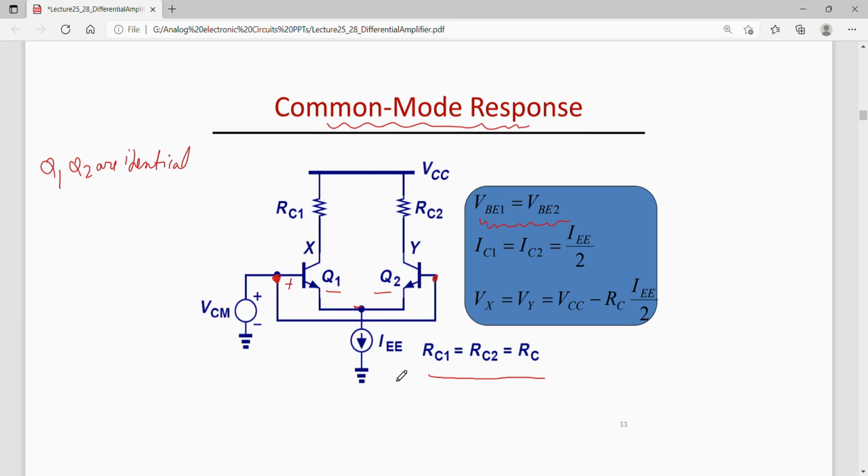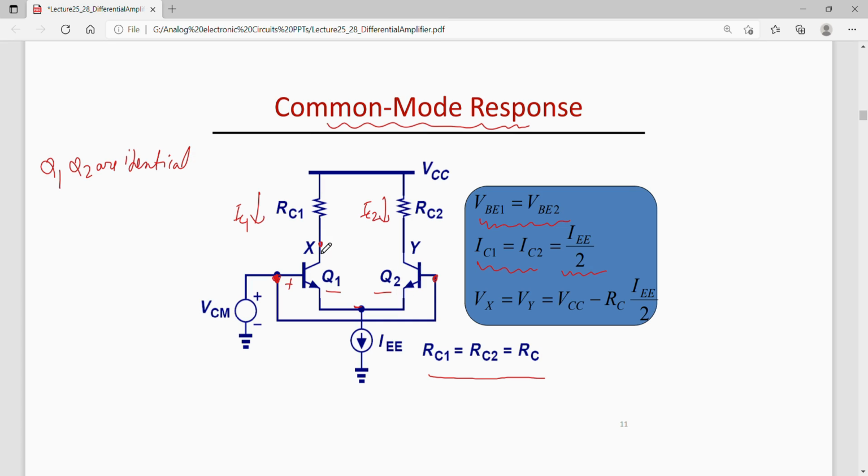If this is true, then the collector currents IC1 and IC2 are also equal, because the resistances are equal, the transistors are identical, and the inputs are the same. They are equal to the tail current divided by 2. That is, half of the tail current flows in Q1 and half flows in Q2.